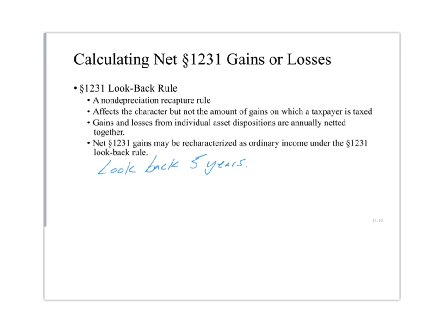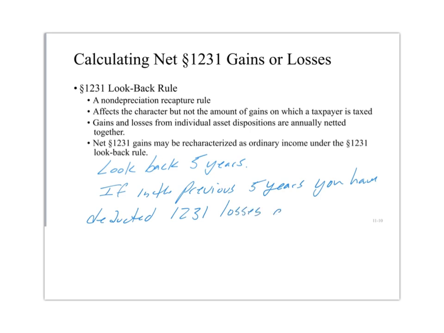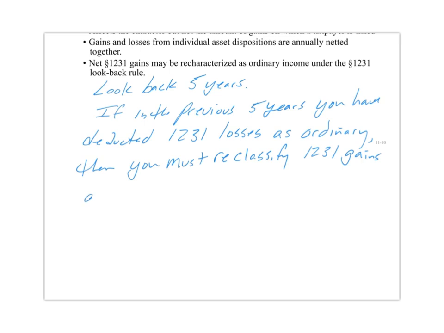So what this look back does is you're going to look back 5 years. If in the previous 5 years you have deducted 1231 losses as ordinary, then you must reclassify 1231 gains as ordinary income instead of as capital gains.